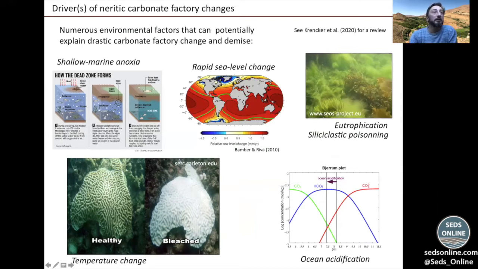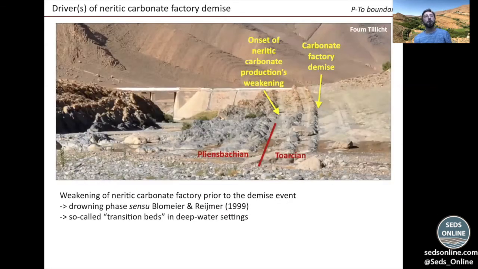And here are the five most common ones that are talked about in the literature. And the question is, are we able to disentangle which one could be responsible for each of the two neritic carbonate factory crises? I think we can from Morocco, and I'll try to show you why.